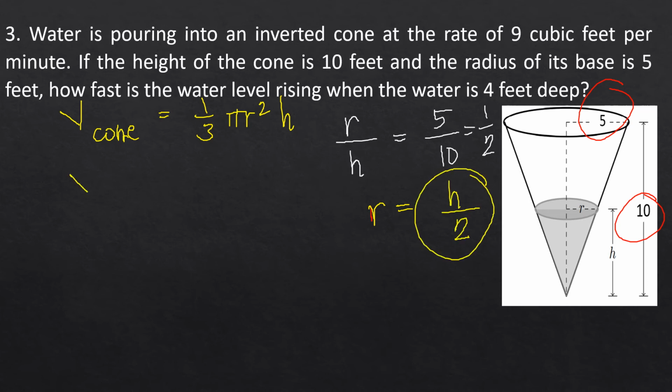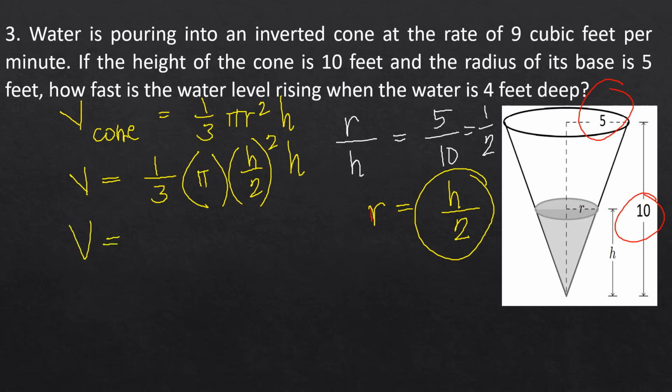Therefore, from the volume of the cone, papalitan natin ng radius ng h over 2. So we have 1/3 times pi times h over 2 raised to 2 times h. So we have volume is equal to 1/3 pi times h squared over 4 times h.